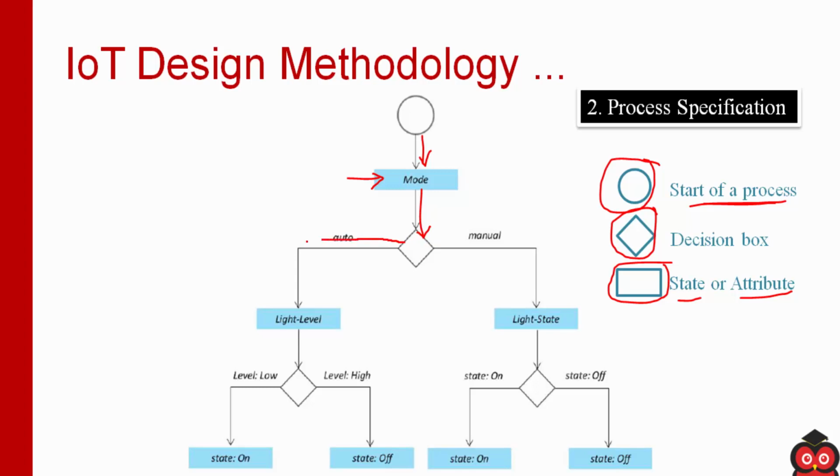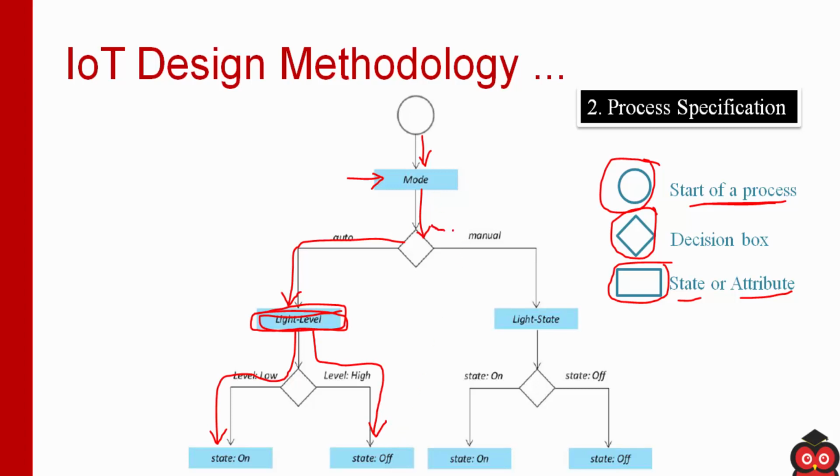If the client chooses auto, that is automatic lighting, then the sensors will sense the intensity of light. Based on the intensity, if the level is low and enough light is not there in the room, the light will switch on. Otherwise, if there is a sufficient amount of light in the room, the light will switch off.